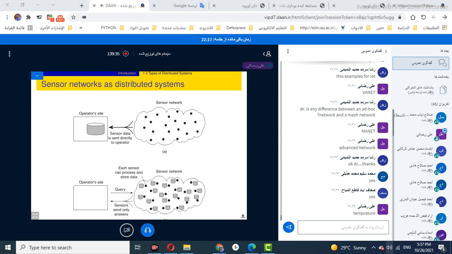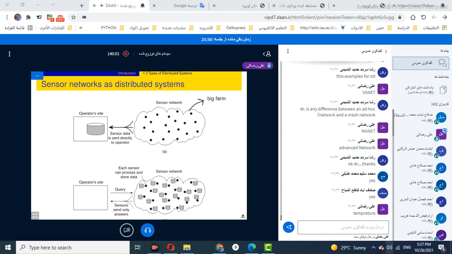Okay, here is our environment. For example, you can think this is a big farm, and we want to check soil humidity.